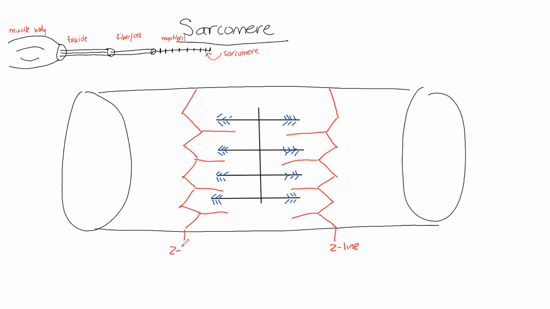Here's our other Z line. Okay, remember these are formed by actin. So actin filaments are joined together via the Z line, and one Z line to another Z line is a sarcomere. Let's actually write that out at the bottom here. So a sarcomere is bordered by two Z lines.